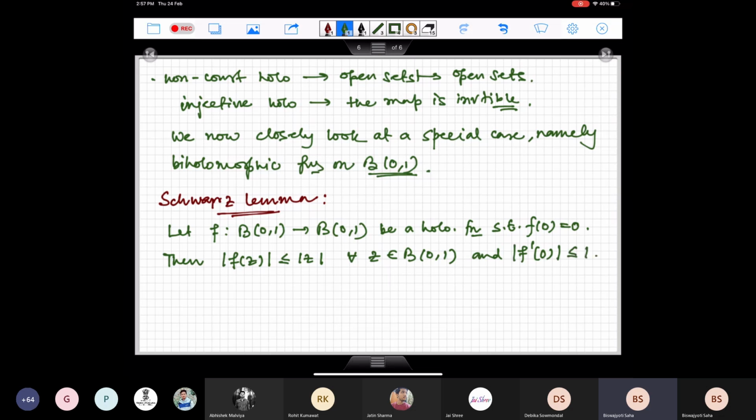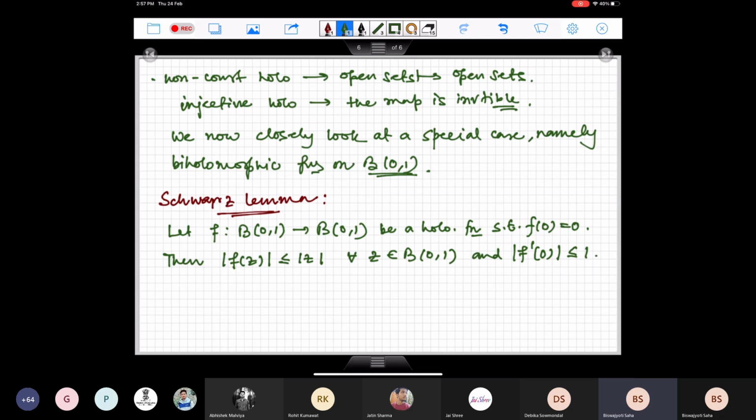I was telling you that functions of the form f of z equal to some constant times z, if you take the derivative, then the derivative is just that particular constant. And I told you already that the constant needs to have modulus less than or equal to 1. Therefore, I have this derivative in absolute value less than or equal to 1.